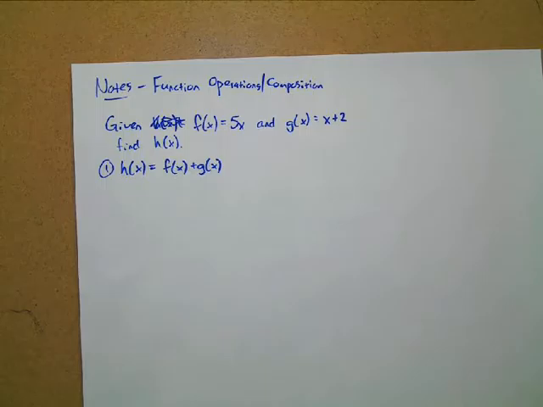Well, if h of x is equal to f of x plus g of x, then how do we do that? How do we add f of x plus g of x? What will it end up being? How do you get 6x plus 2?